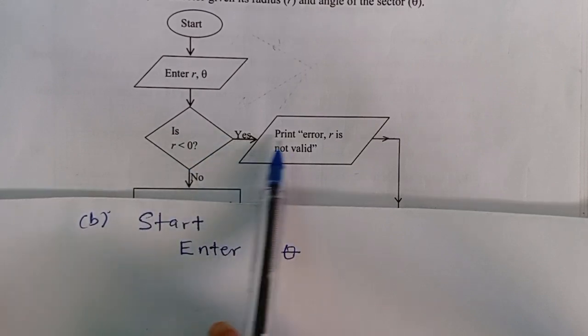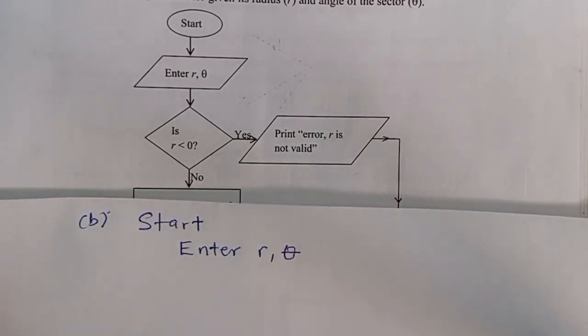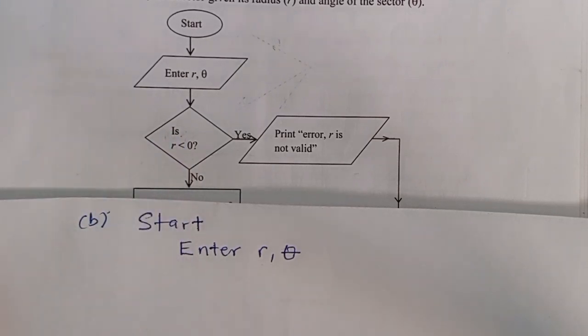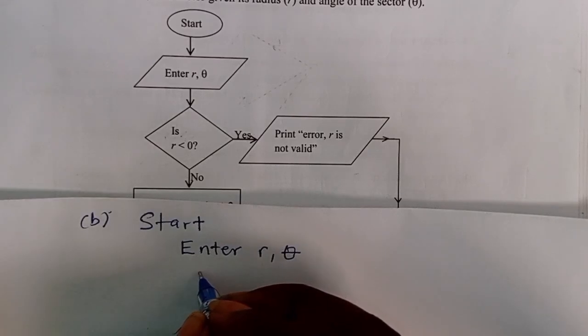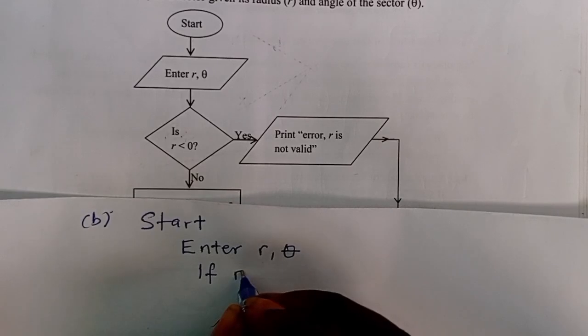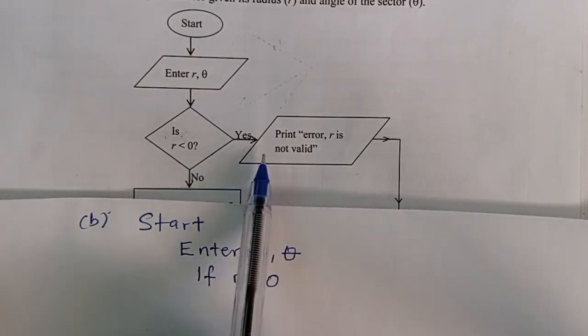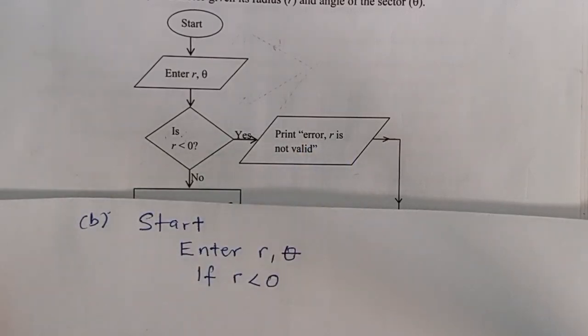If it is a yes, print error, r is not valid. So is going to change to if. So you say if r is less than 0. If indeed r is less than 0, if it is a yes, print error r is not valid.